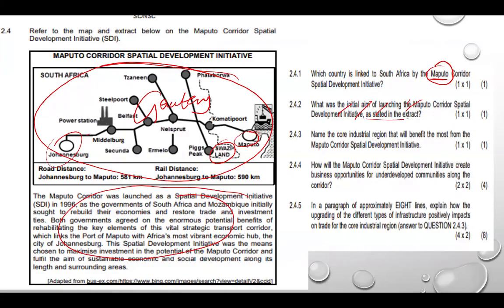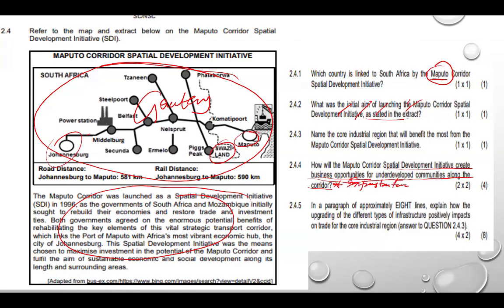How will the Maputo Corridor Spatial Development Initiative create business opportunities for underdeveloped communities along the corridor? So what will happen there is going to result in infrastructure development.